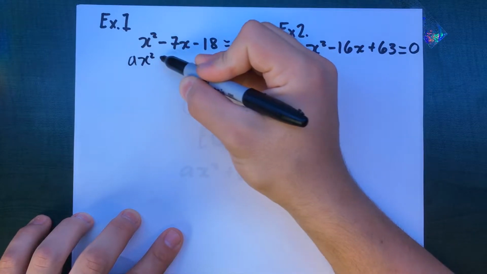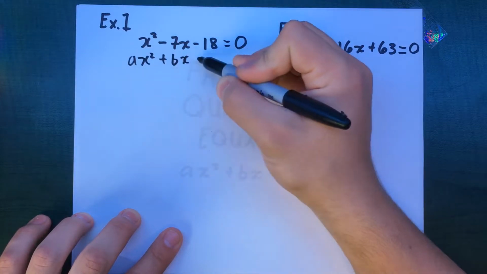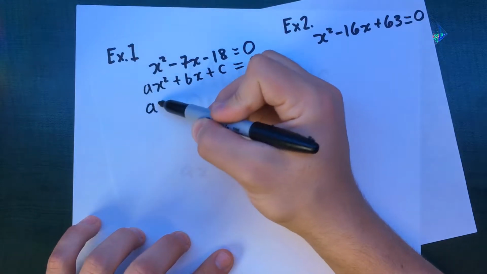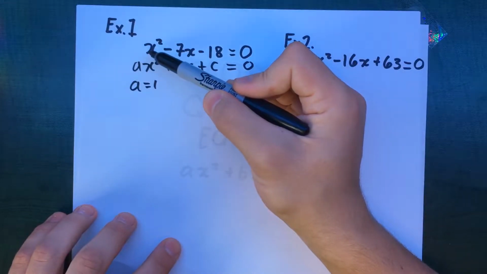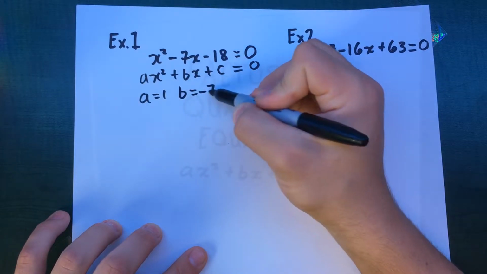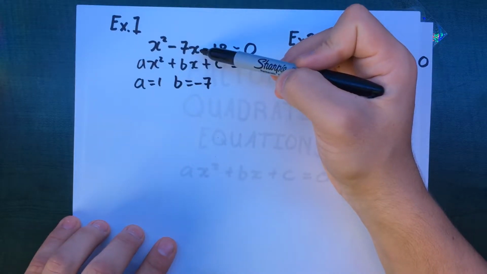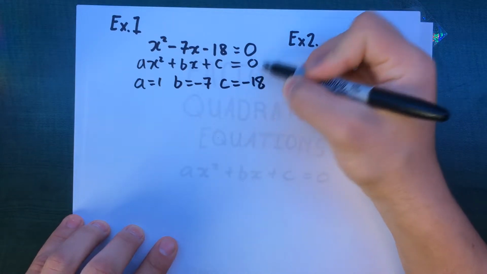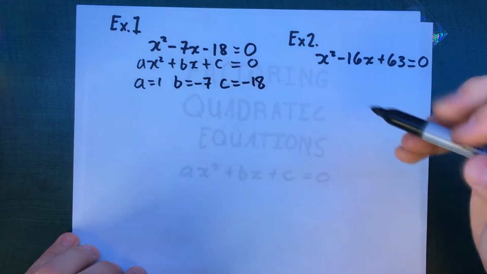Ax squared plus bx plus c is equal to 0, where a is equal to 1, which is the coefficient of x squared. B is equal to negative 7, which is the coefficient of x. And c is equal to negative 18, which is our constant.